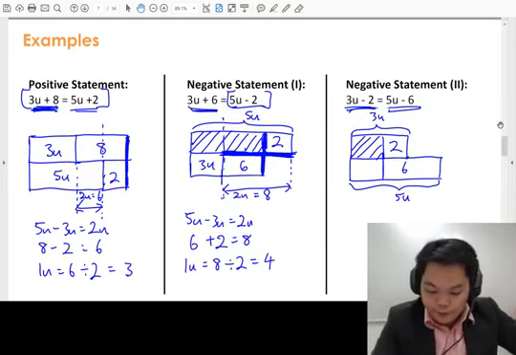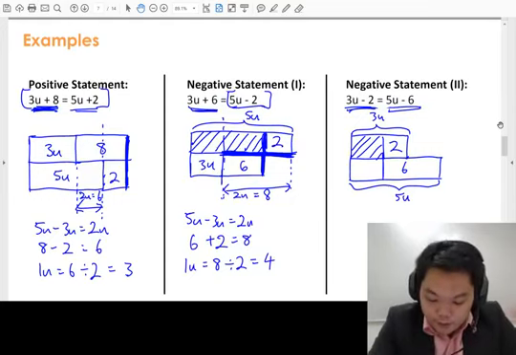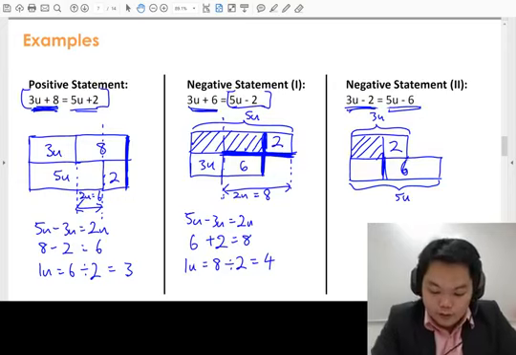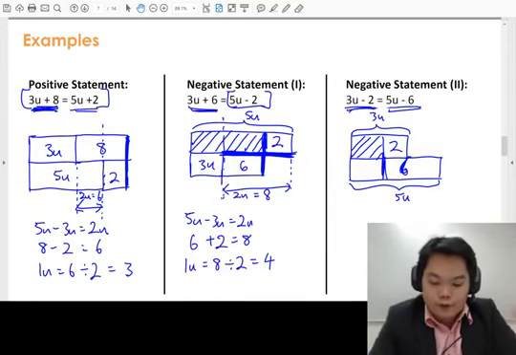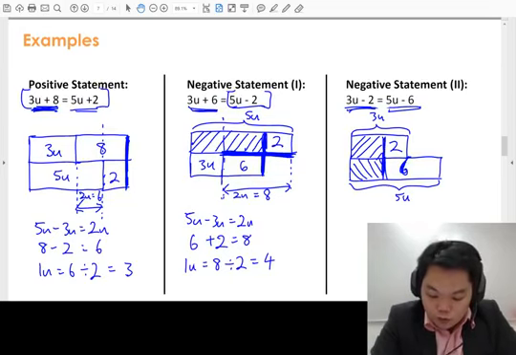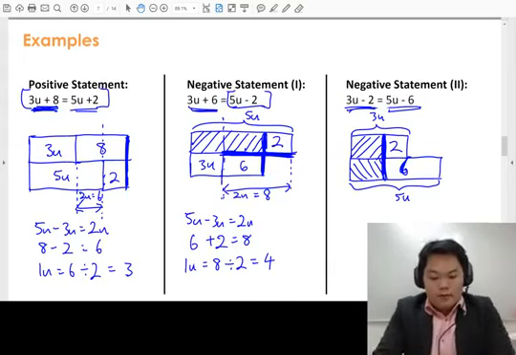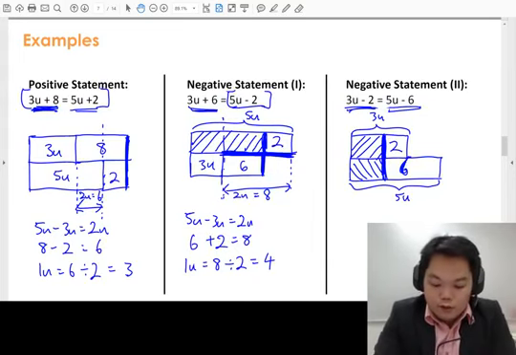Okay, right. So this is the part that is correct. When you take away 6 from 5 units, the remaining region here needs to be equal to the one on top. And once we got that, we can now compare between units with units, numbers with numbers.